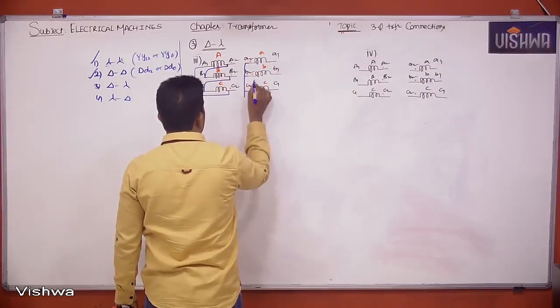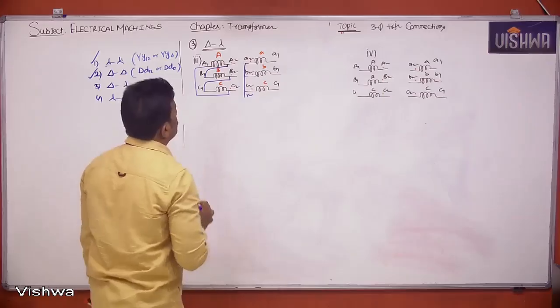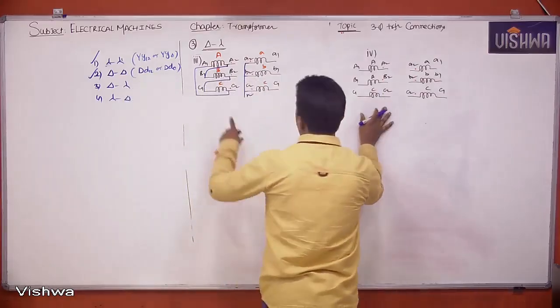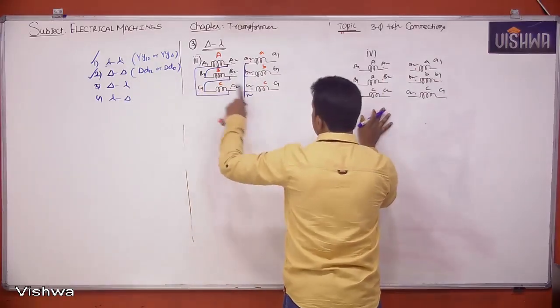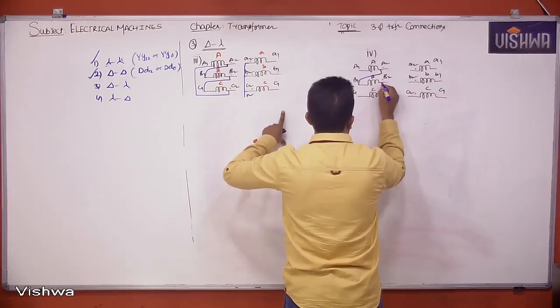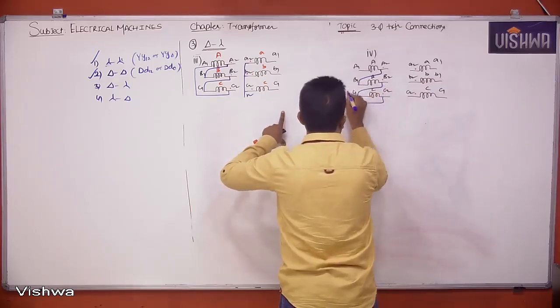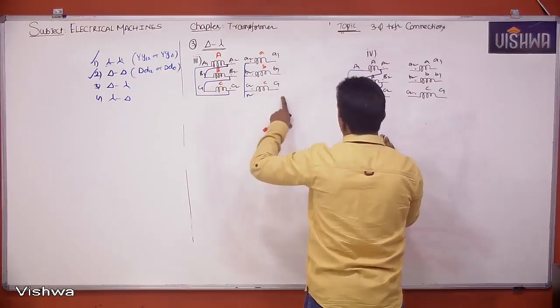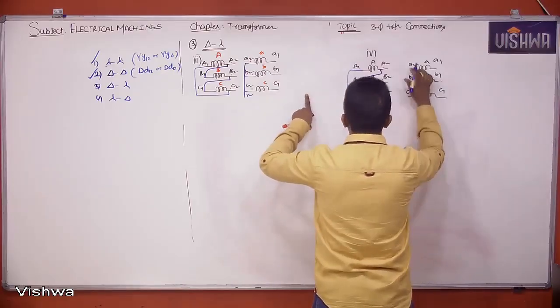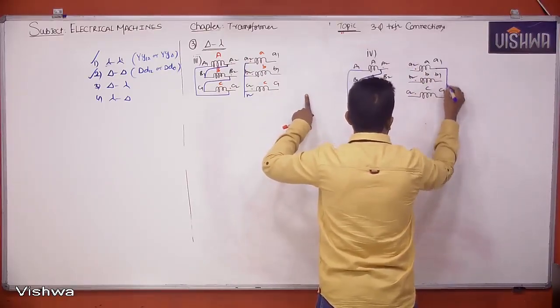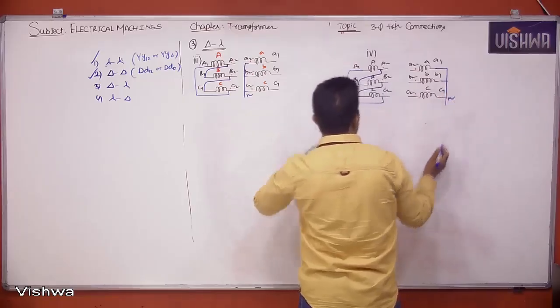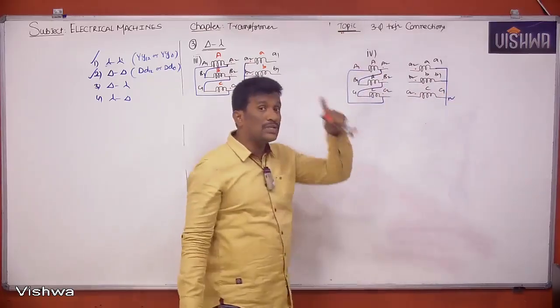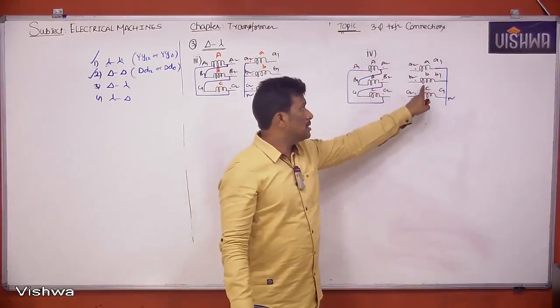This is one chance. For the fourth connection, I'll write this primary connection as it is, and instead of taking output from A1, B1, C1, I'll take output from A2, B2, C2, just like the case 1 secondary. Whatever I did in case 1 secondary, this one is the same.